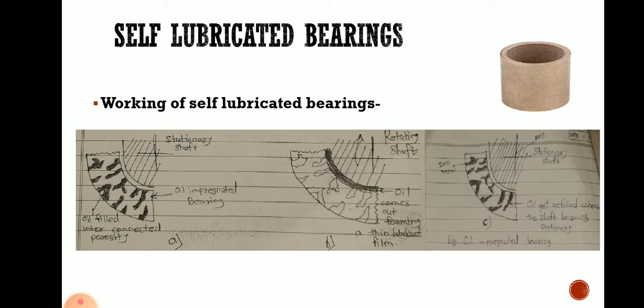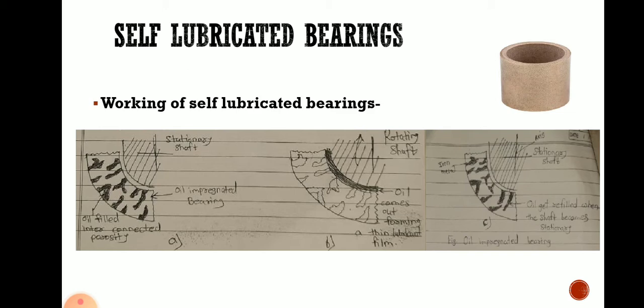That impregnated oil will come in between the shaft and bearing because of its low viscosity, and that low viscosity is due to the increased temperature, and the temperature increases due to the friction while the shaft starts rotating.